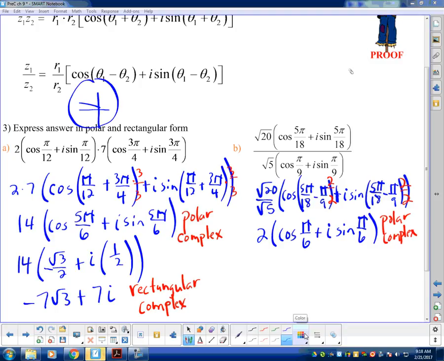Cosine of pi over 6 is positive root 3 over 2. Plus I sine of pi over 6 is positive 1/2. And if I distribute, 2's cancel, I'm left with root 3 plus I, and that is my rectangular complex form.